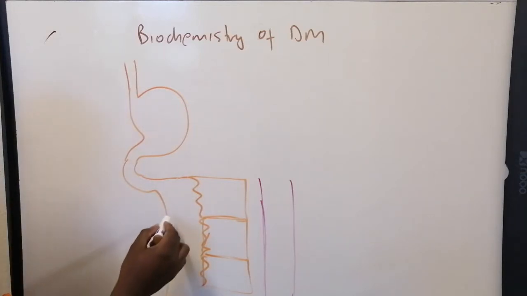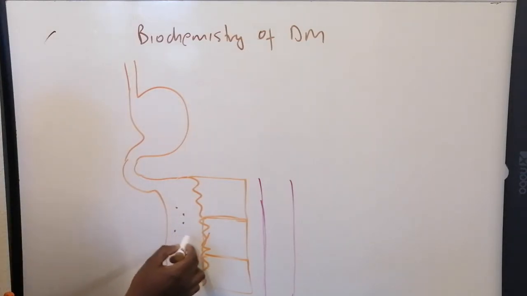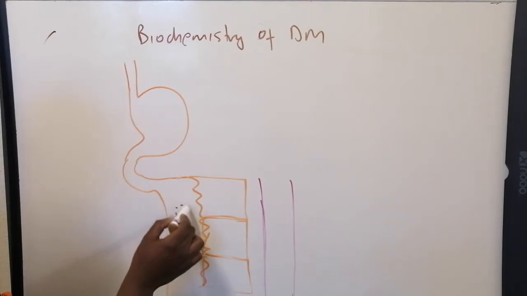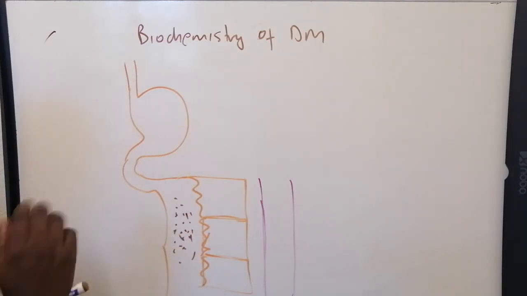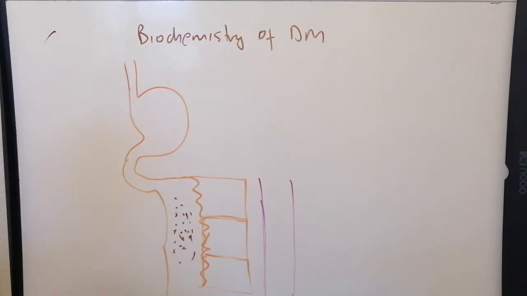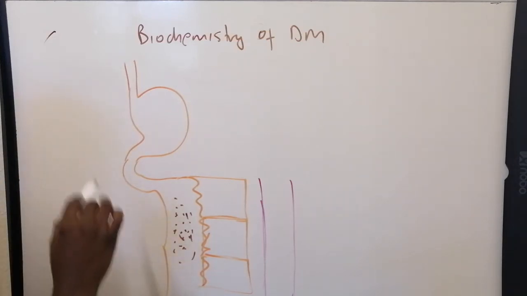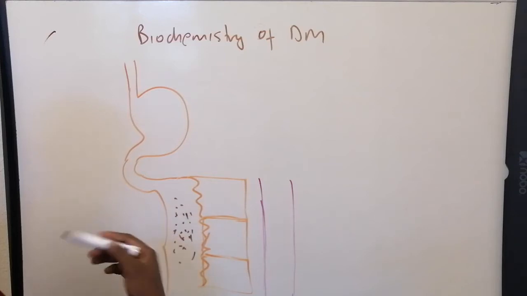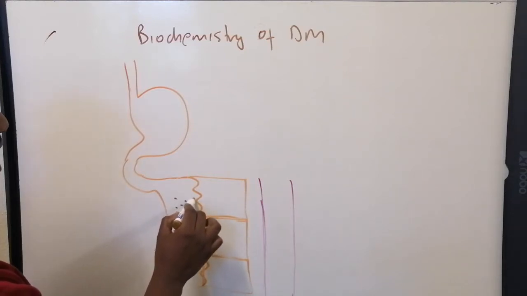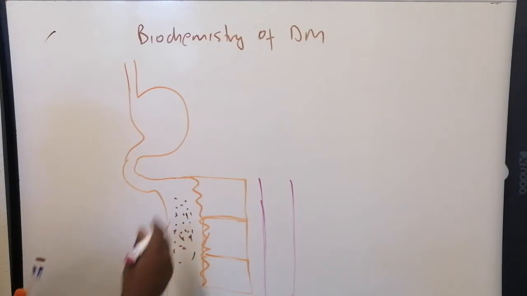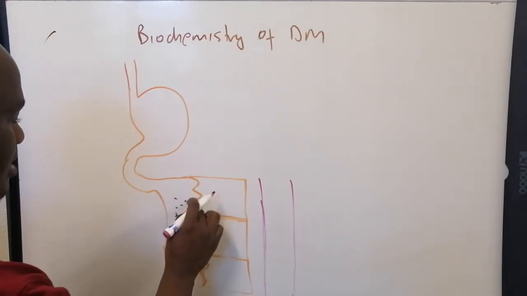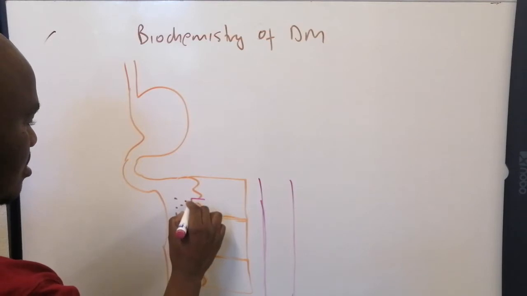So now we have our glucose molecules, galactose molecules, and fructose molecules there. In part 1 I get into the details of how glucose enters the enterocytes. That's what absorption is.